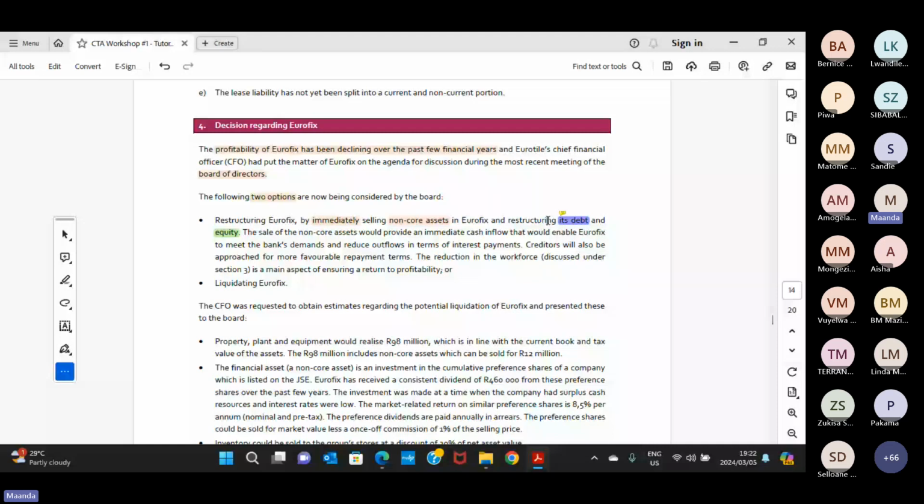So when it's non-core assets, you then need to go further and ask what those non-core assets are, and whether they are going to be useful to the bank or the creditors as well. I'm thinking, can I negotiate to say, okay, just take this and go and sell it?